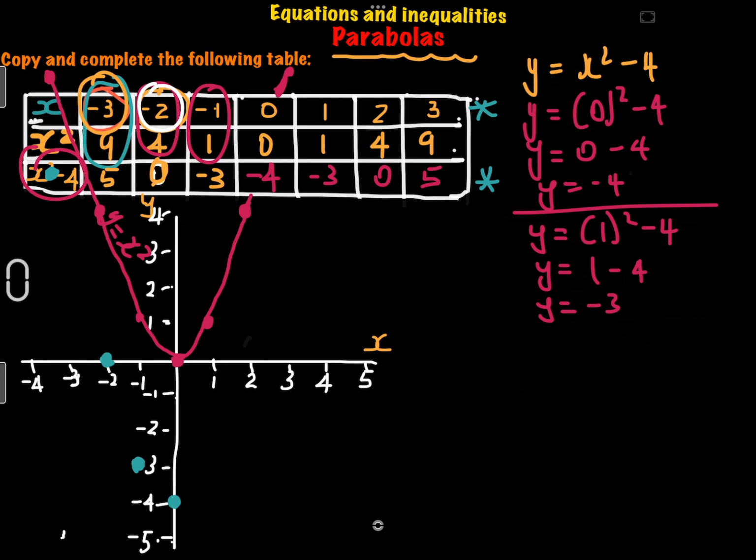That's the point there. When x is equals to 1, y is equals to negative 3. That's the point there. When x is equals to 2, y is equals to 0. That's the point there.